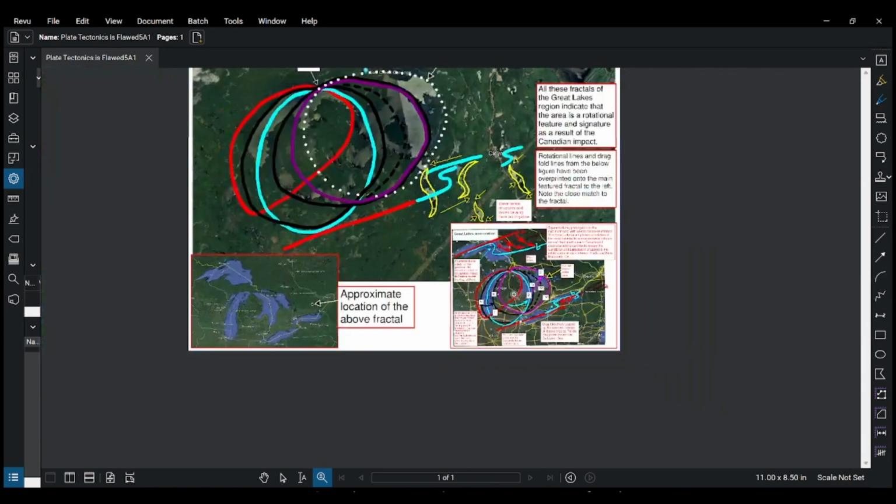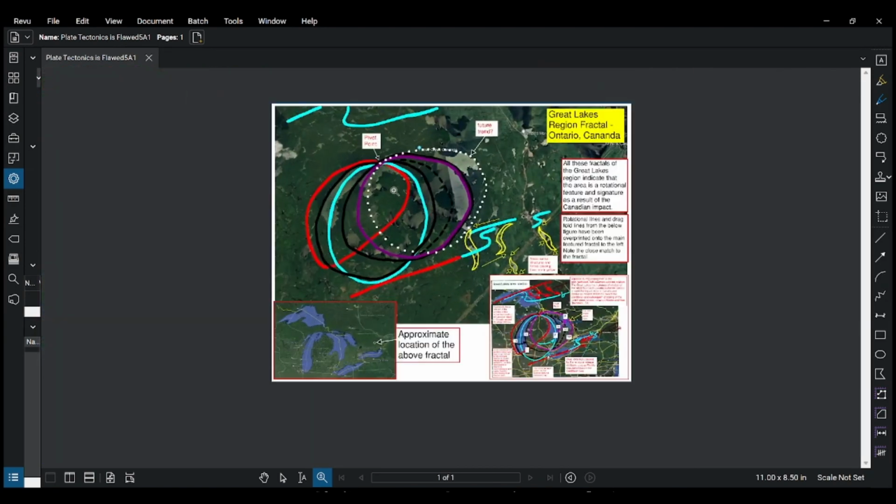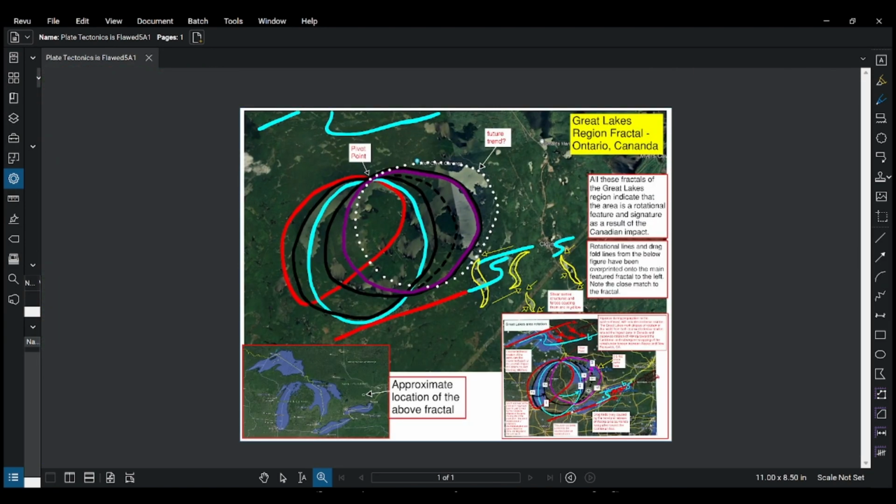Okay, so now what I did here is I overlaid these lines that I was just talking about on current Google Earth figure here. So I overlaid the lines, and I saw that there was a fractal here. So this fractal is the result of really many high energy events. It shows a history, and it actually looks like there's a future trend here.